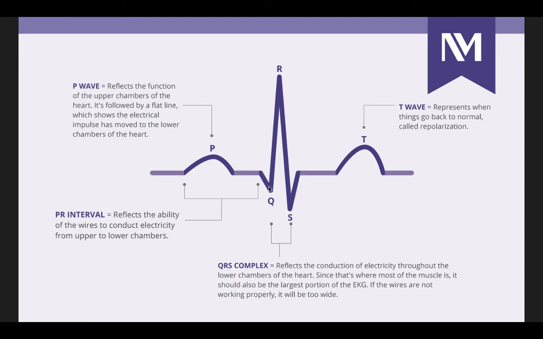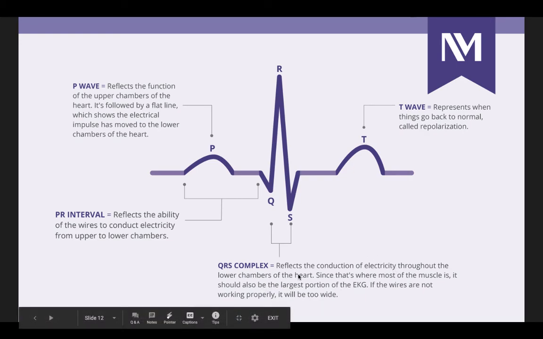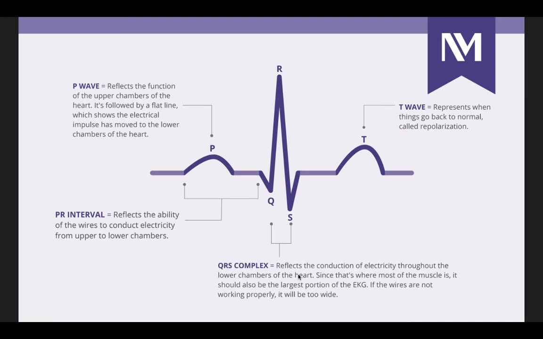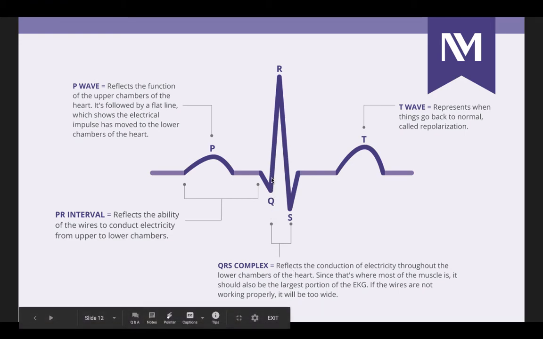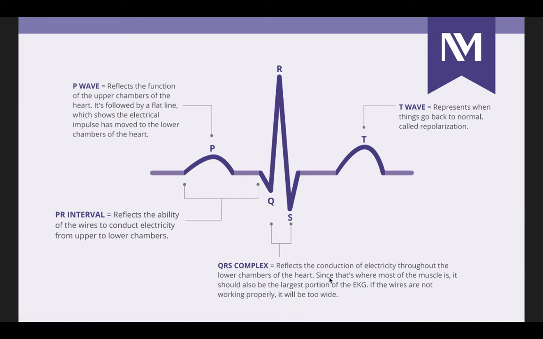We then have Q. The QRS complex reflects the conduction of electricity throughout the lower chambers of the heart. Since this is where most of the muscle is, it should also be the largest portion of the EKG. If the wires are not working properly, it will be too wide. There are times where this gets really wide, and you can tell the wires are not working properly in the heart.